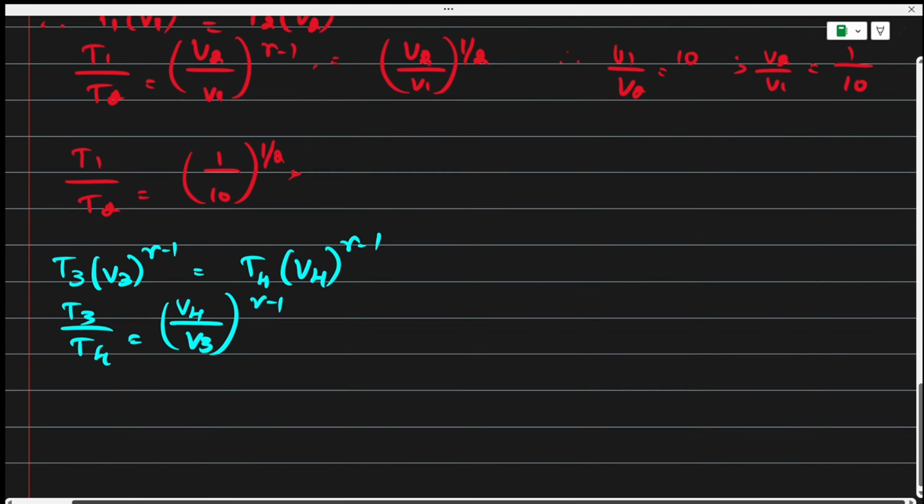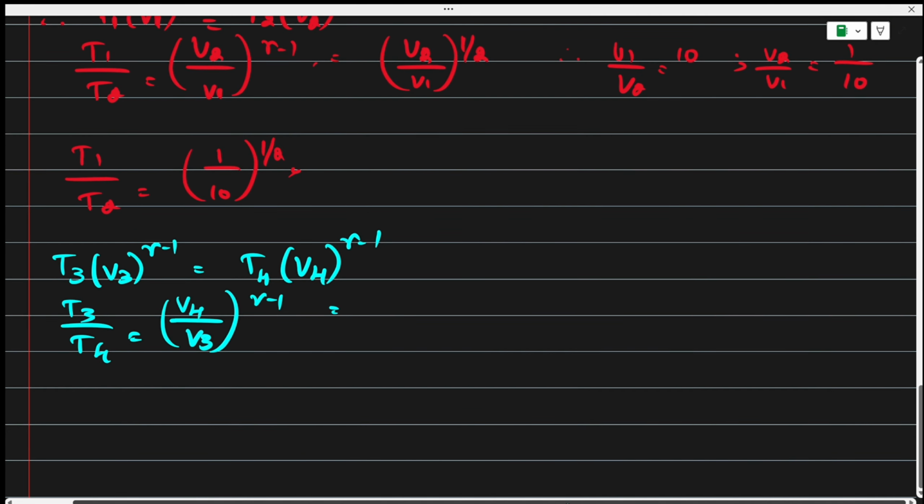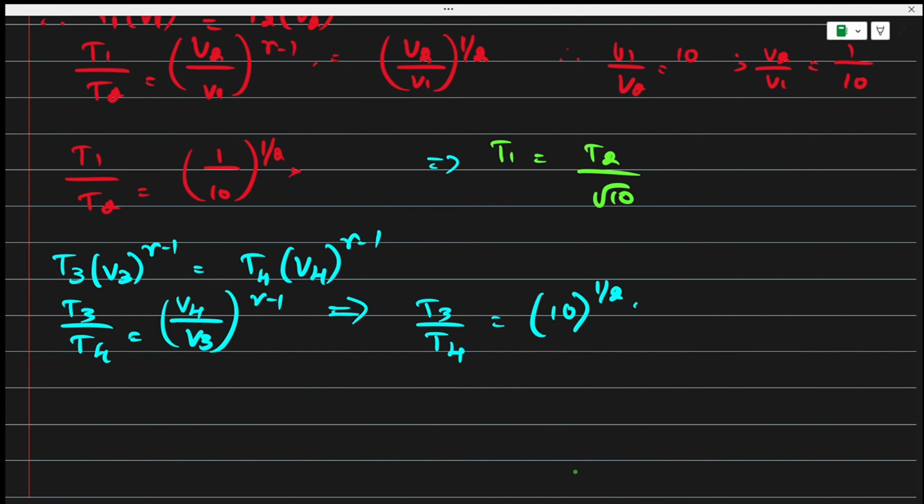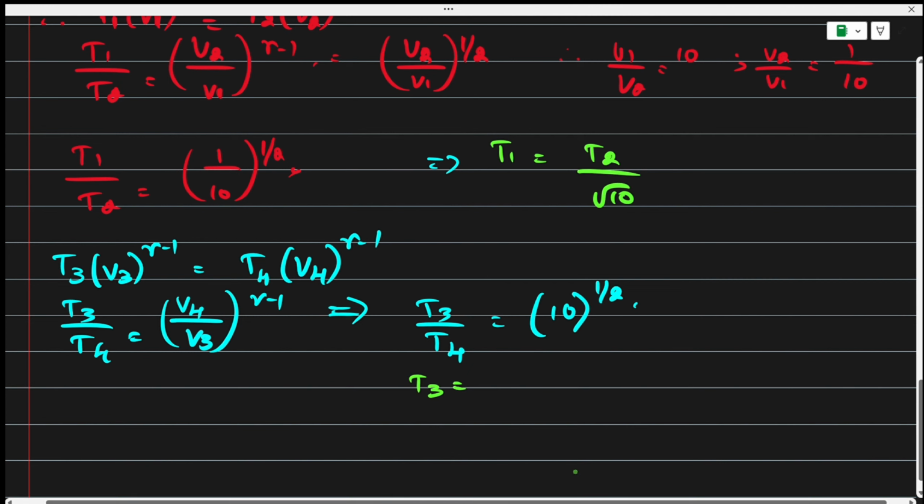Substituting, T3 by T4 is equal to 10 to the power 1 by 2, because gamma is 1.5 and 1.5 minus 1 is 0.5, that is 1 by 2. Now T1 is equal to T2 by root 10 and T3 is equal to T4 into root 10.